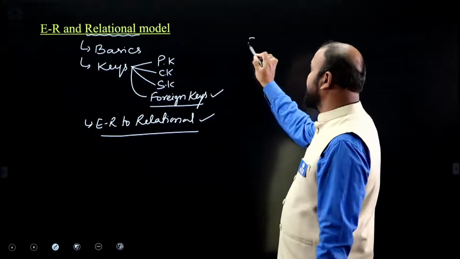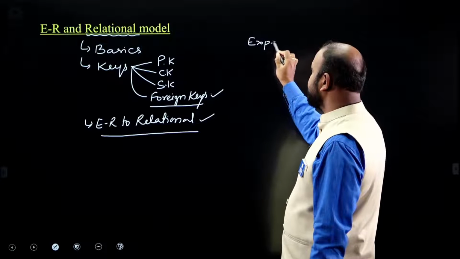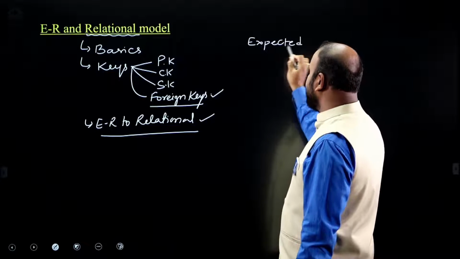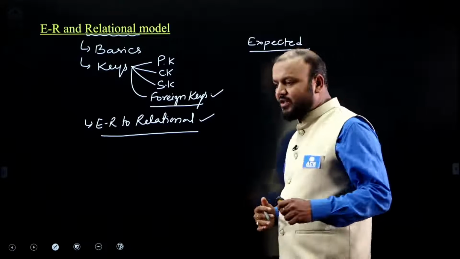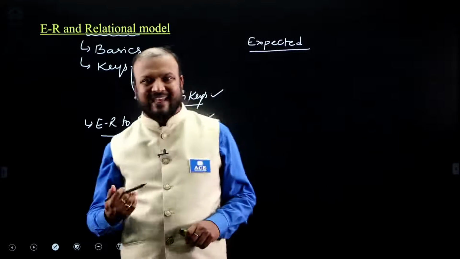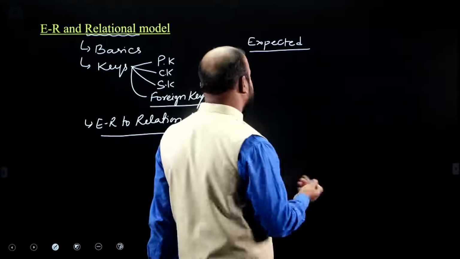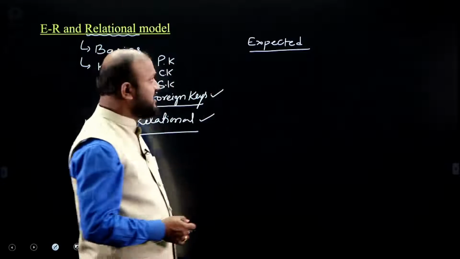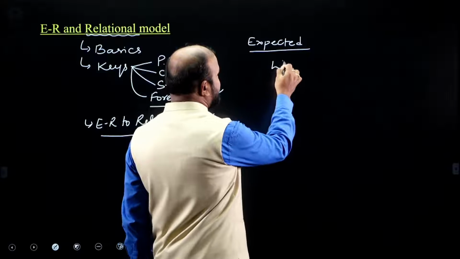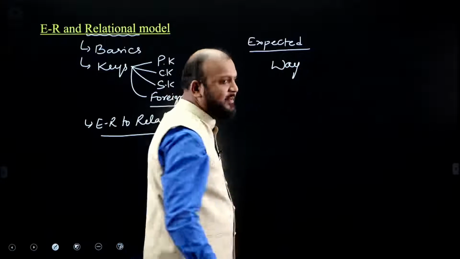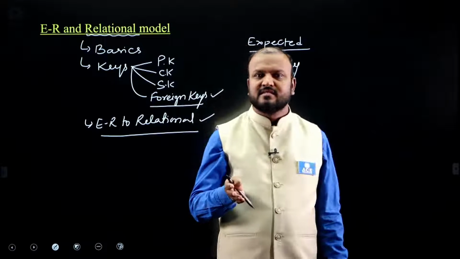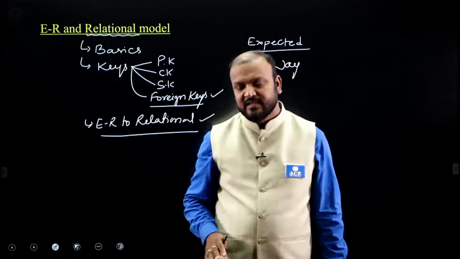Now what is expected? The expected is not any question on a new topic. The way of asking the question may be different. The same thing they may ask you, but slightly in a different way.